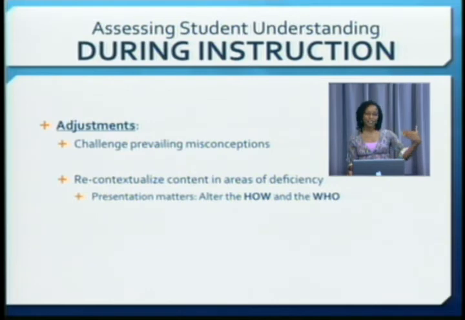So having the information explained in a different way is great. That it's not just you, the teacher, that's constantly trying to get the information across, but that you vary that and you use other avenues and the students themselves as instructional resources.